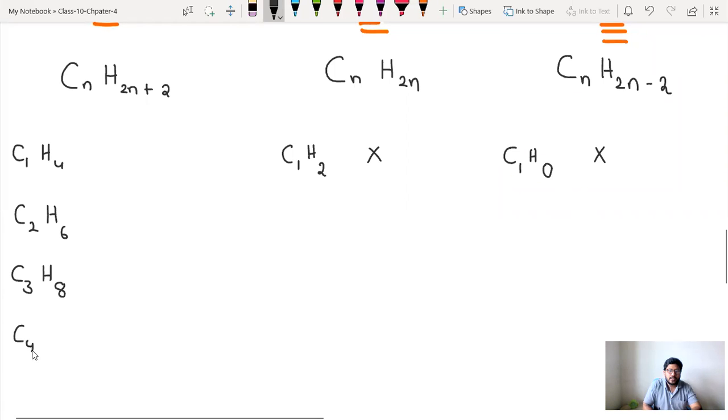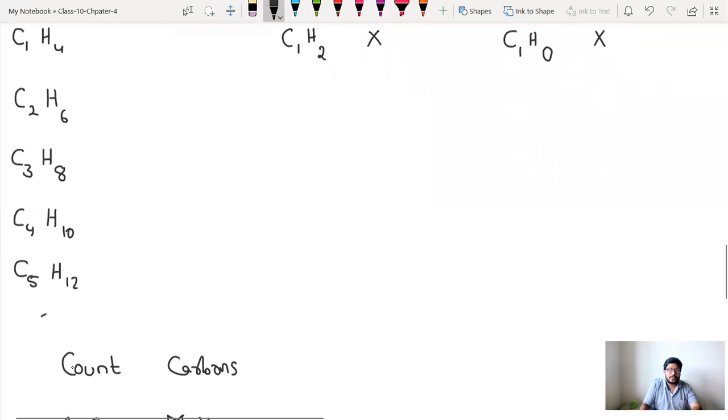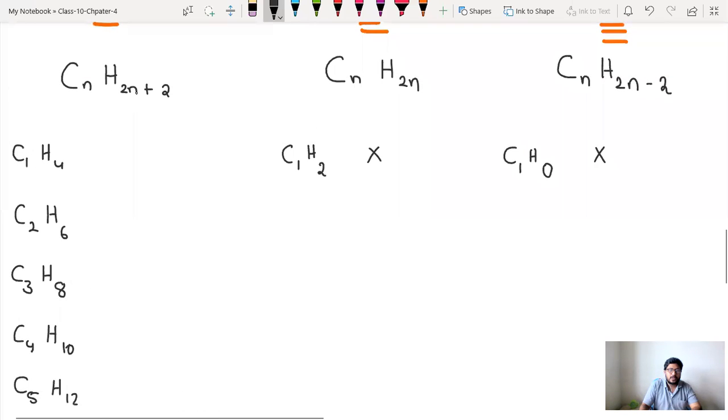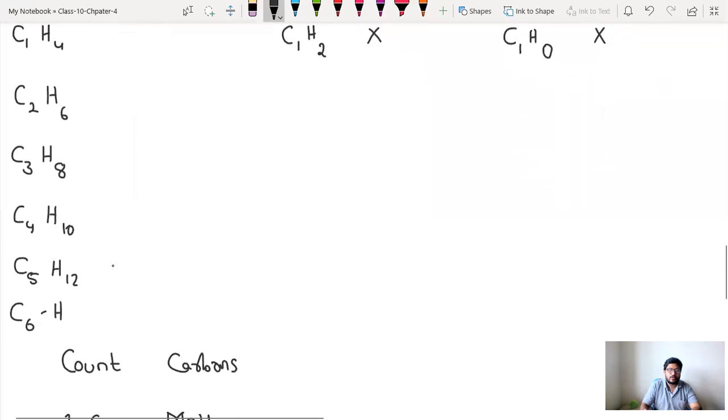Substitute 4: C4H, 4 twos are 8, 8 plus 2 is 10. Substitute 5: C5H, 2 fives are 10, 10 plus 2 is 12. Substitute 6: C6H, 2 sixes are 12, 12 plus 2 is 14.